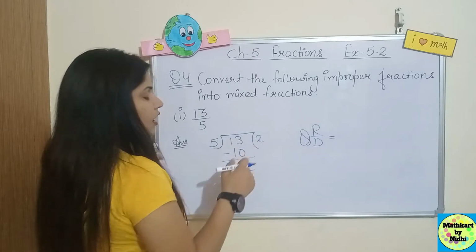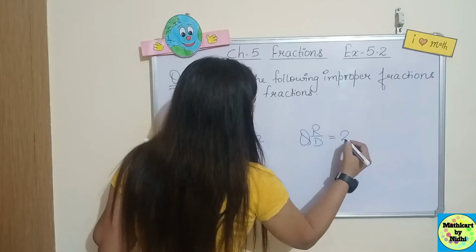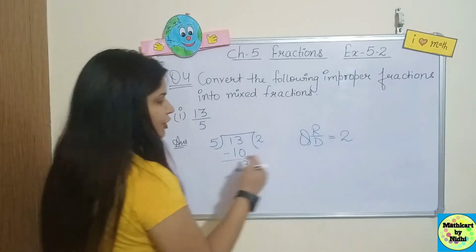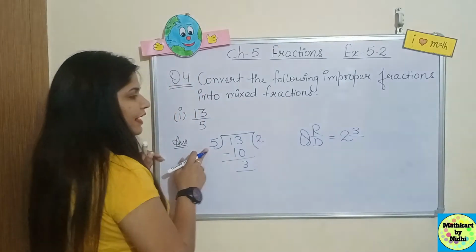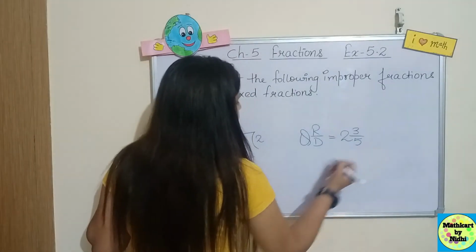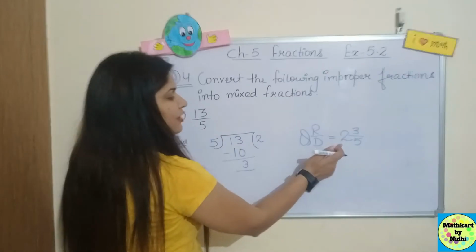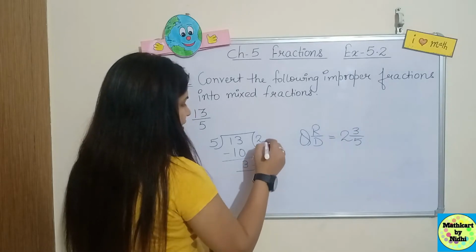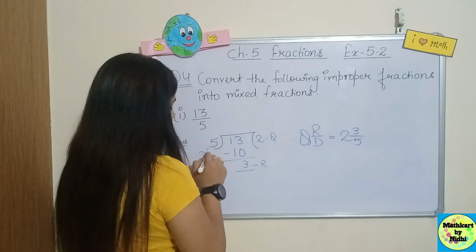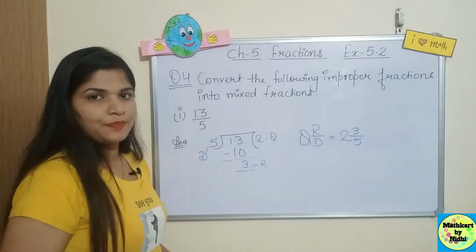Quotient is the answer of the division sum, that is 2. Remainder is 3 and divisor is the number by which we are dividing, that is 5. So when we convert 13 upon 5 into a mixed fraction, it becomes 2, 3 upon 5. This is the quotient, this is the remainder and this is the divisor. Right? So we usually write in the format of QRD.